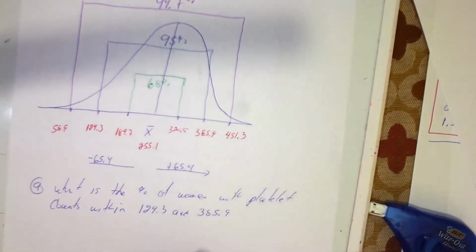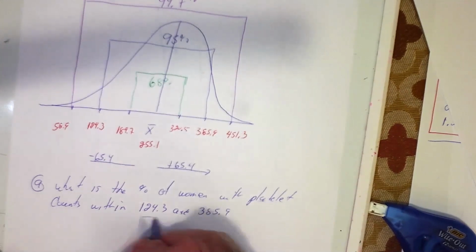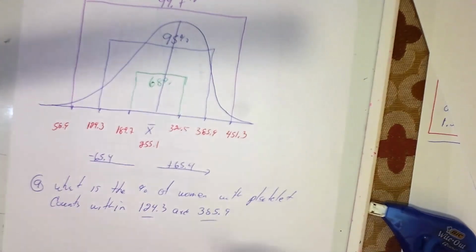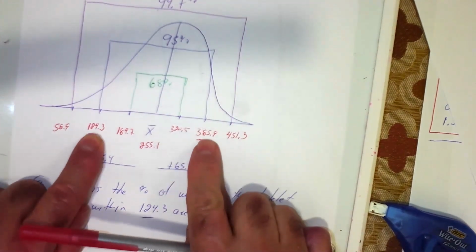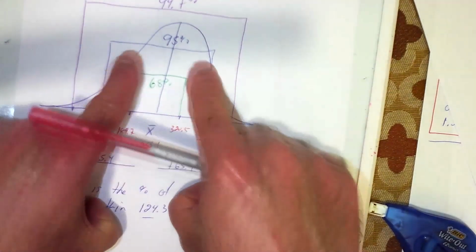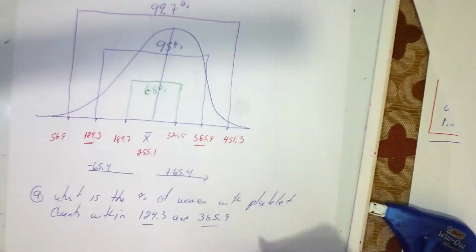Right, so you look at your chart, find those two numbers, and then find me the percentage. Oh, here it is, look. Where do these fall? They fall in which box? The 95. Bam!